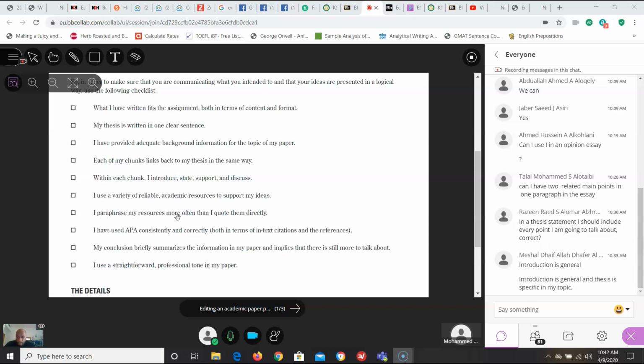My conclusion briefly summarizes the information in my paper and implies that there is still more to talk about. Yep. So I've already kind of covered that point earlier when I talked about looking at your introduction. But your conclusion is just a summary of saying, hey, look, this is what I covered in the paper.